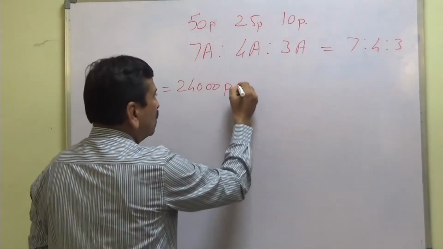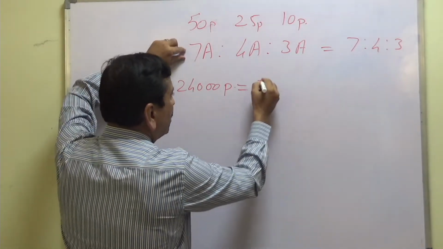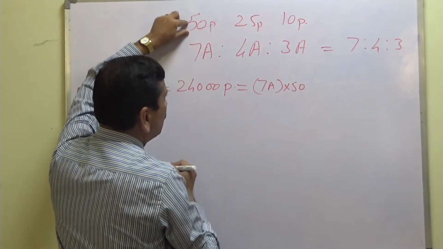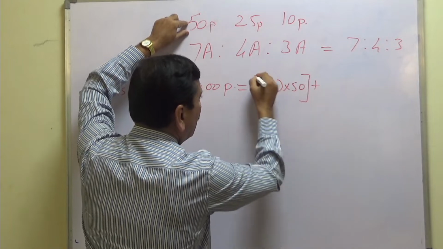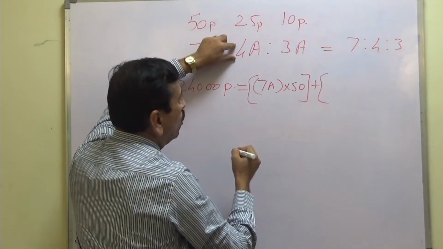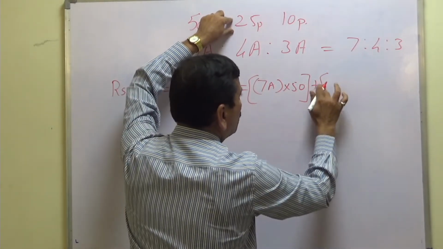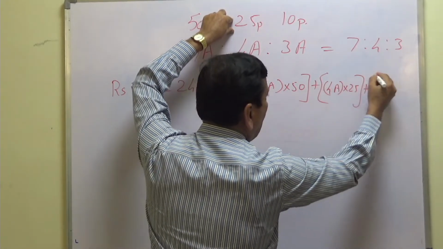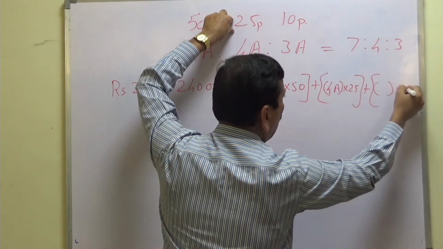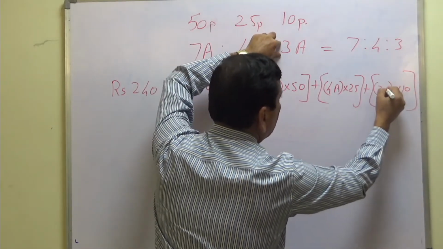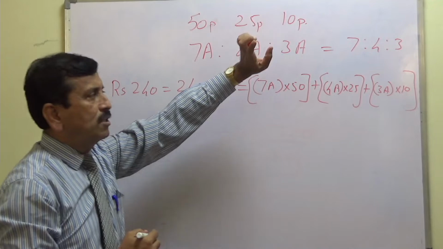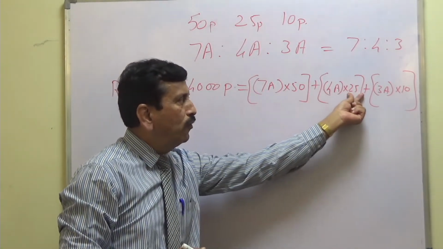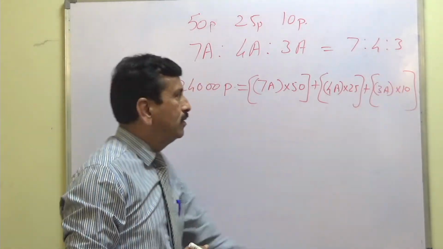Now, naturally, we are having 7A coins of 50 paise denomination, 4A coins of 25 paise denomination, and 3A coins of 10 paise denomination. So we know the number of coins, value of coin, number of coins, value of coin, number of coins, value of coin.